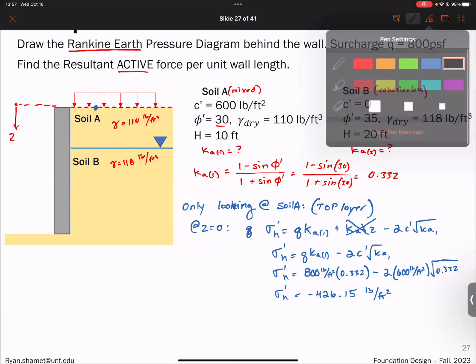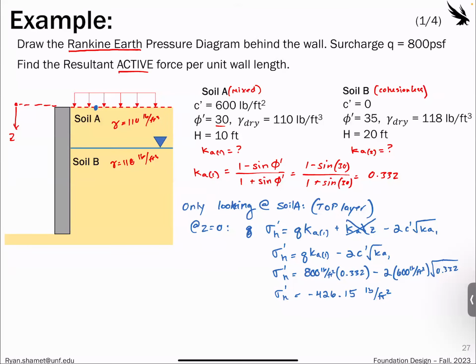This brings up a second point: a lot of times this surcharge might be applied to offset that negative amount. We have a surcharge of 800 pounds per square foot, but we still have this negative section here. In some cases, they may try to increase that surcharge by increasing the density or applying concrete or some type of tension elements to offset this 426, so you don't have that negative tension if the construction considerations weren't there.